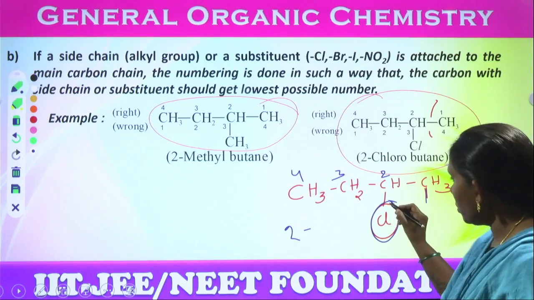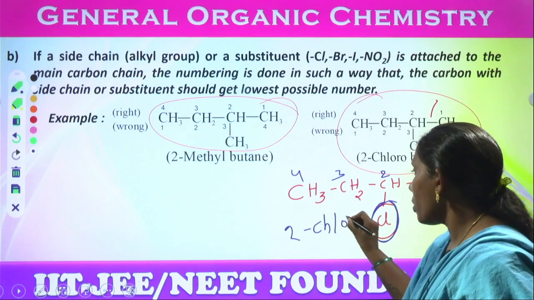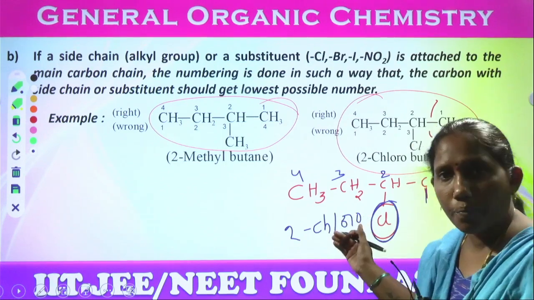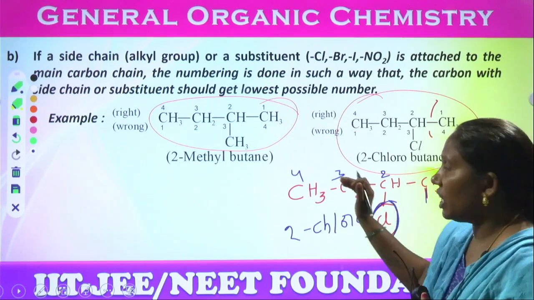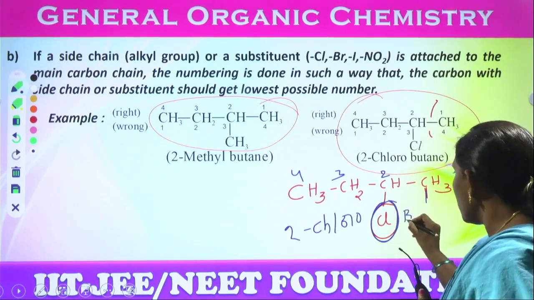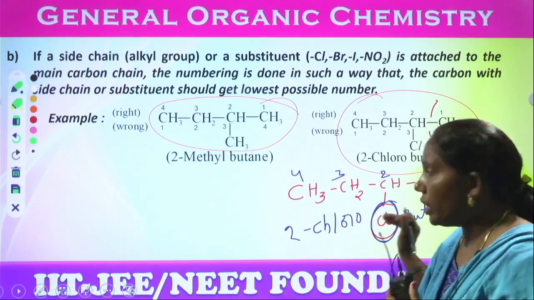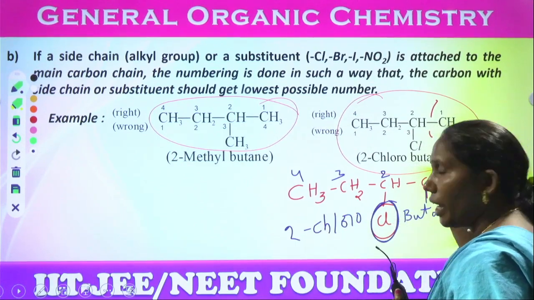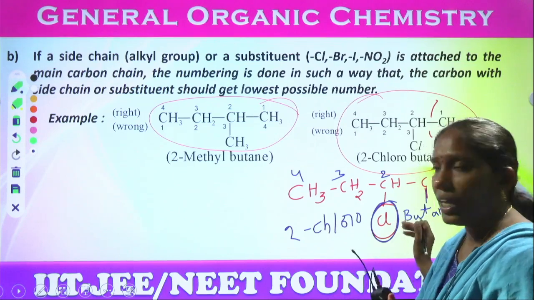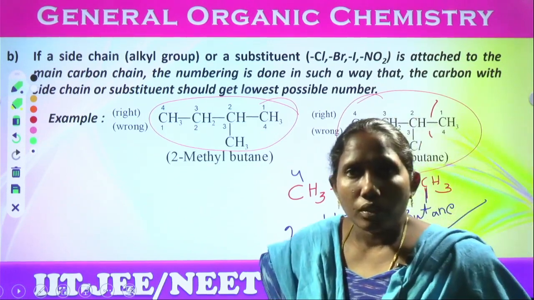So this chlorine we consider as chloro, 2-chloro. With 1, 2, 3, 4, we have 4 carbons, so the root word is but. All single bonds are present between the carbons, so it is ane. Butane. 2-chlorobutane is the correct IUPAC name for the given compound, right?